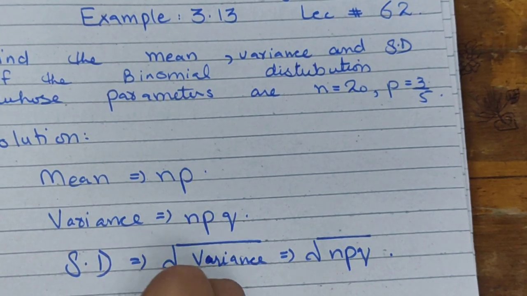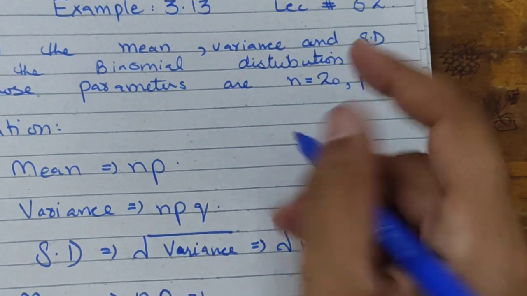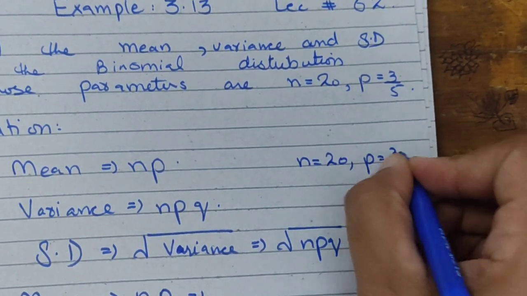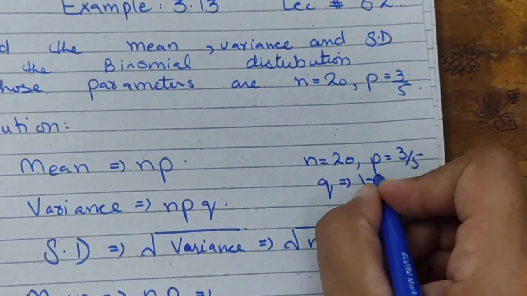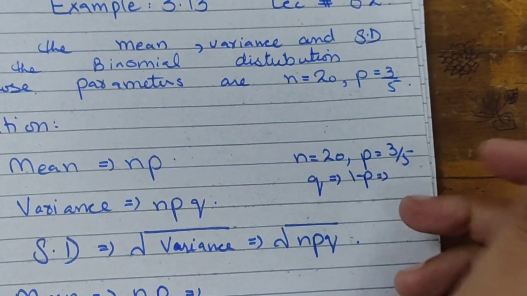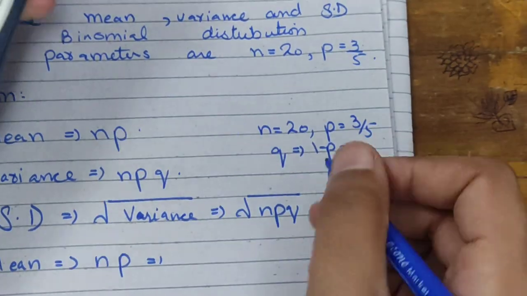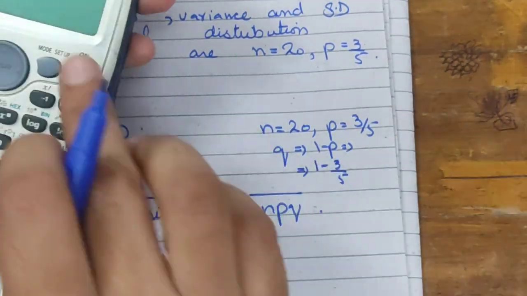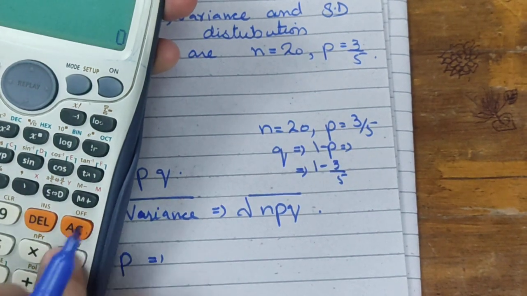What is the mean? The mean of the binomial distribution is np. So n is given in the question: n is equal to 20 and p is equal to 3 by 5. So what is q? q is equal to 1 minus p. Clear? So 1 minus 3 divided by 5.